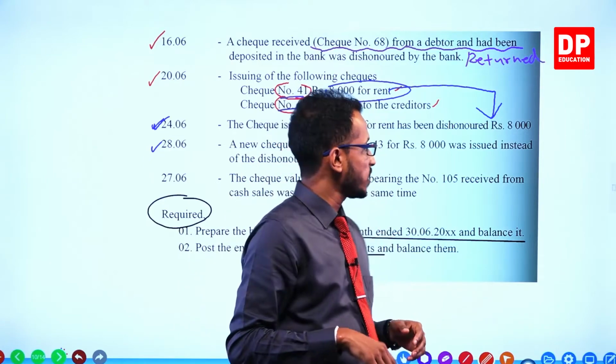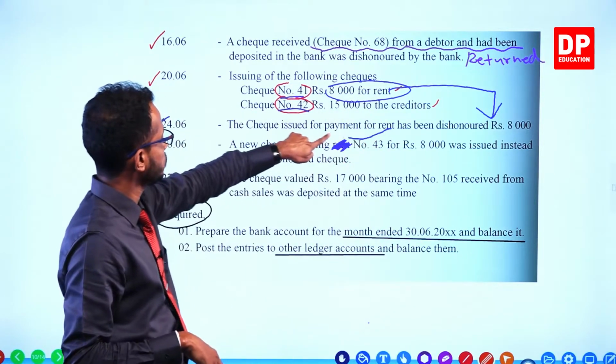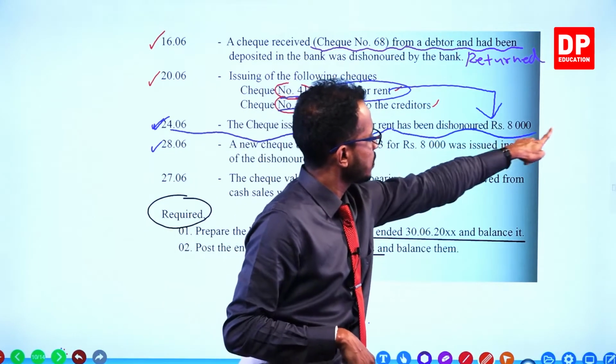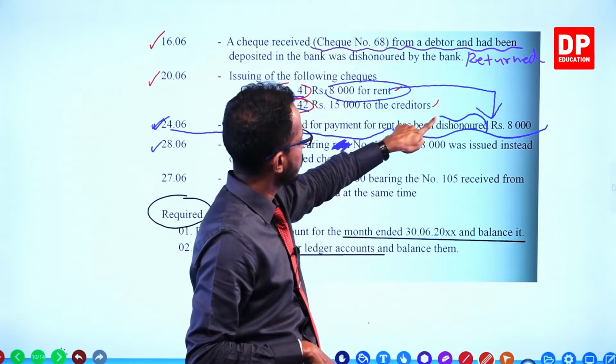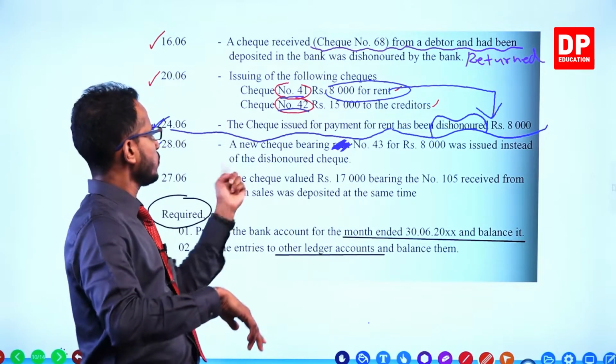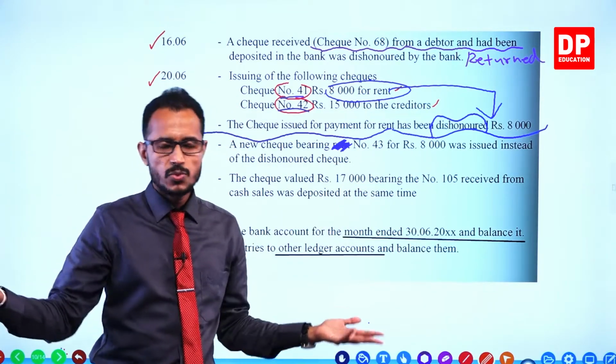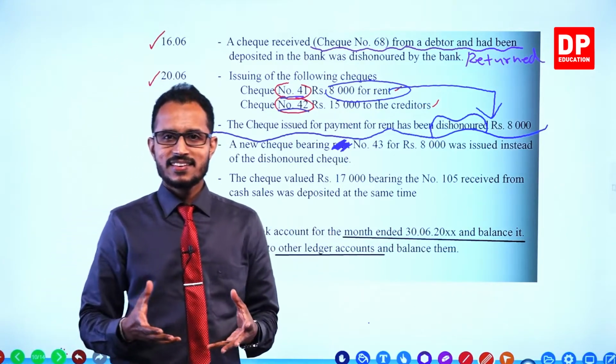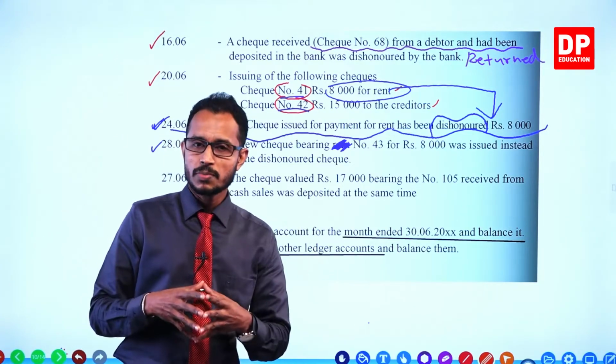When the first check was returned, when this was dishonored, we had to give a new check because the landlord is waiting. He's impatient. He's asking us to get out of the building.